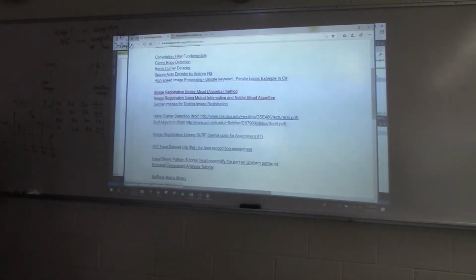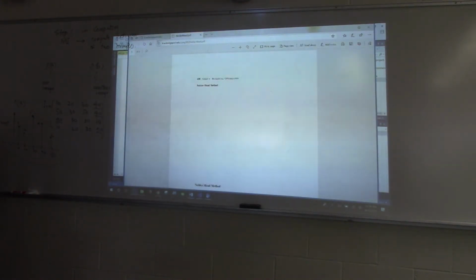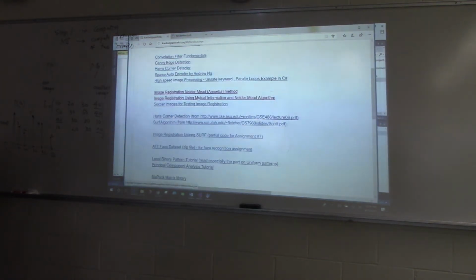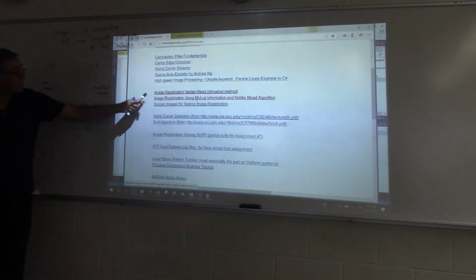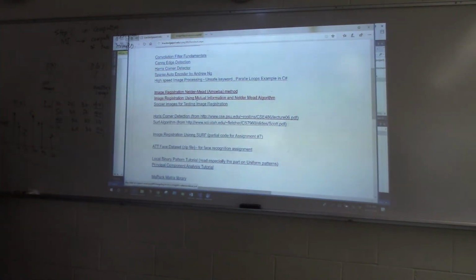Okay, so anyway, you'll see image registration, Nelder-Mead, amoeba method. So I'll briefly go over, okay, actually this is useful also, but I have a better summary of it. Okay, the second link, image registration using mutual information and Nelder-Mead algorithm.